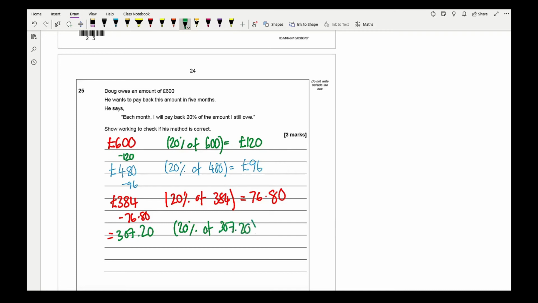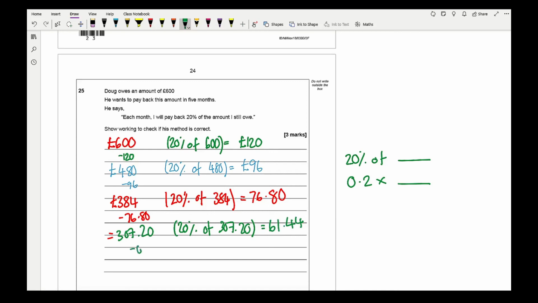So then I need to work out what 20% of 307.2 is. Now, if you're not sure how I'm working out 20%, 20% of whatever amount is basically 0.2 times whatever the amount is. So for this one, I'm going to do 0.20 times 307.2, and it gives me an answer of £61.44.